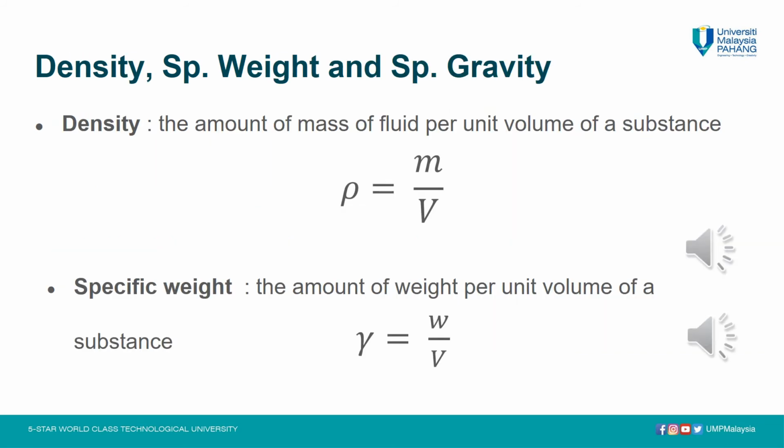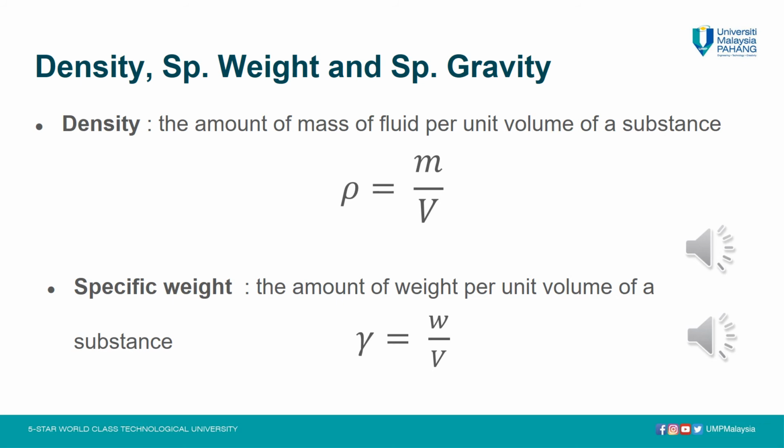Because the study of fluid mechanics typically deals with a continuously flowing fluid or with a small amount of fluid at rest, it is most convenient to relate the mass and weight of the fluid to a given volume of the fluid. Thus, the properties of density and specific weight are defined as follows. Density is the amount of mass per unit volume of a substance.